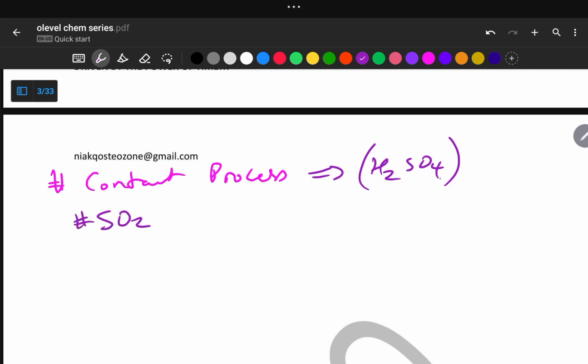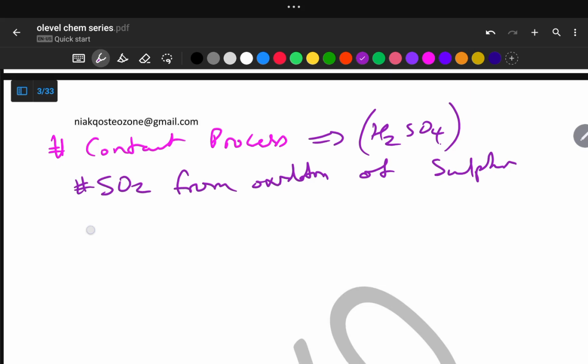So the first is the production of sulfur dioxide from the oxidation of sulfur. We are going to roast sulfur-containing compounds, the metal sulfides, such as iron pyrites, which is iron sulfide.